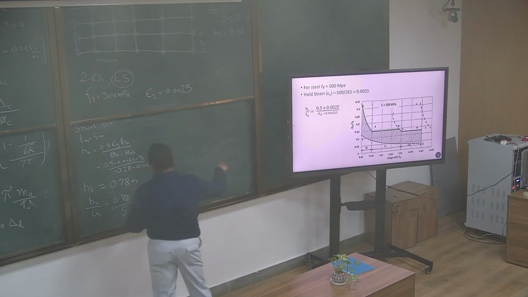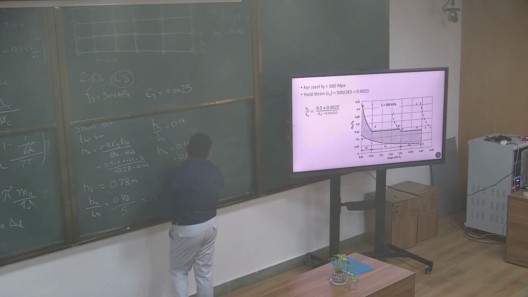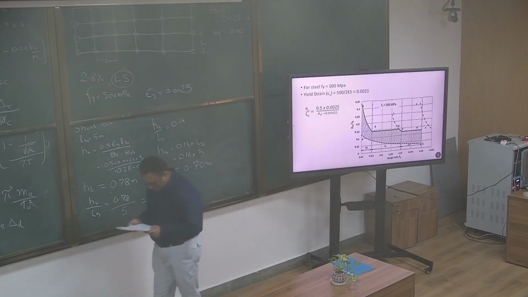So we can use the maximum, so our HB over LB ratio max is 0.14. So our HB that we'll use is 0.14 times the length of the beam, times 5, which is 0.7 meters.